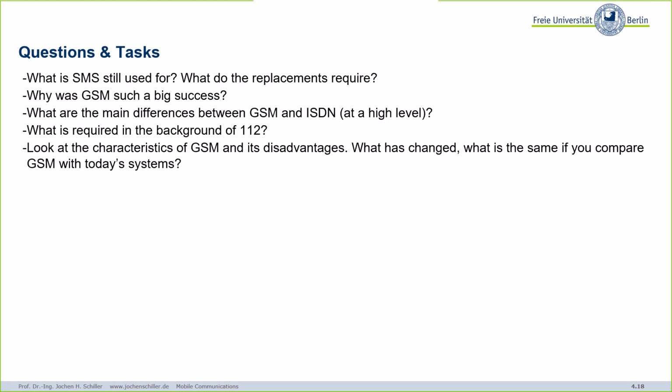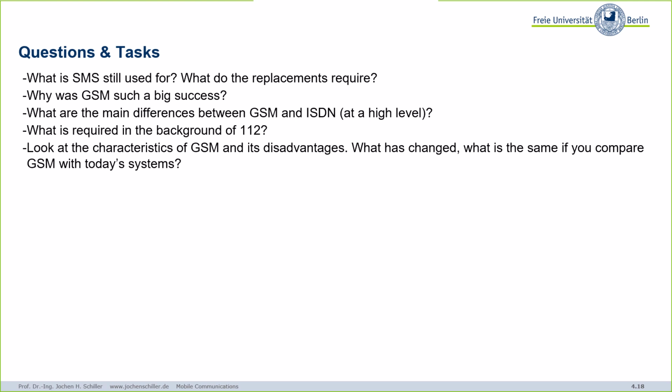Okay, final questions. Characteristics, GSM, disadvantages. So disadvantages, just a quick repetition: lower data rates, more security issues, not end-to-end, etc. What has changed? What is the same if you compare GSM with today's LTE systems, for example? From your own experience, what is the same?